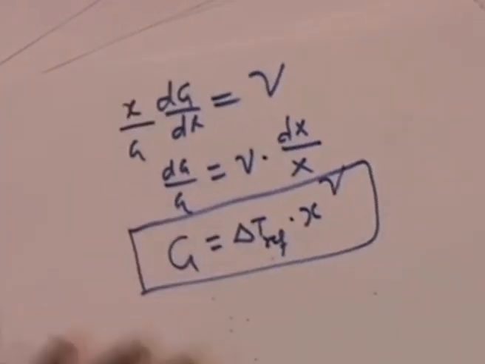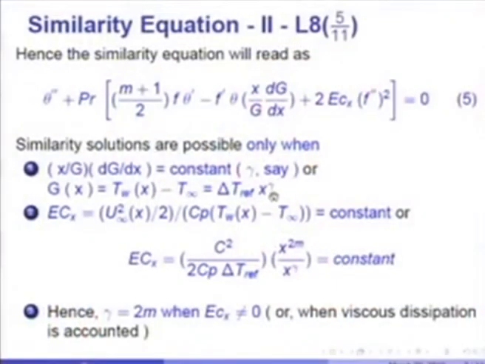So, unless the wall temperature variation is of this form, where gamma is an arbitrary constant of course, similarity solutions will not be possible. Likewise, E C x should also be a constant, but what is E C x?